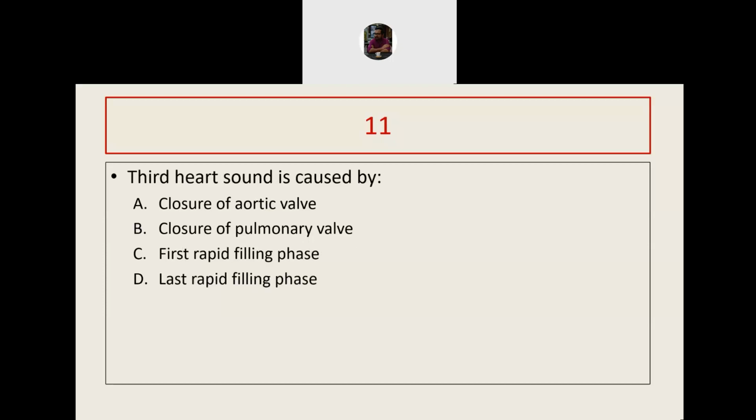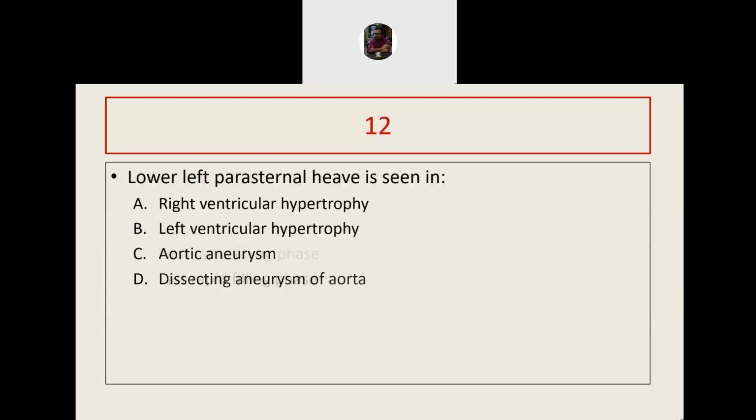Third heart sound is caused by. Next question.